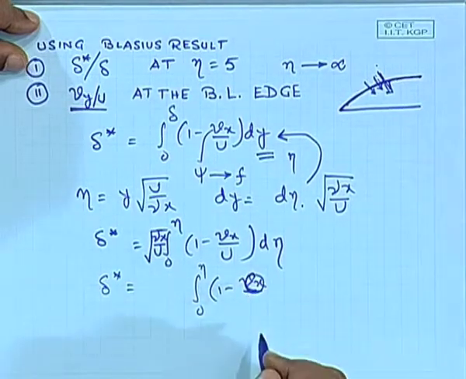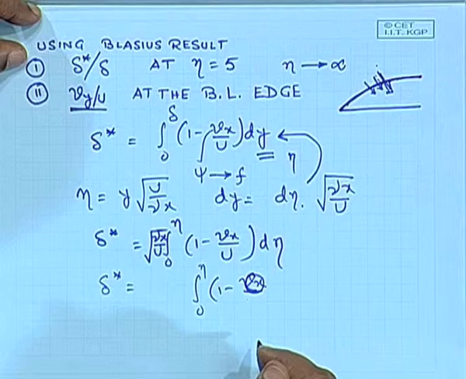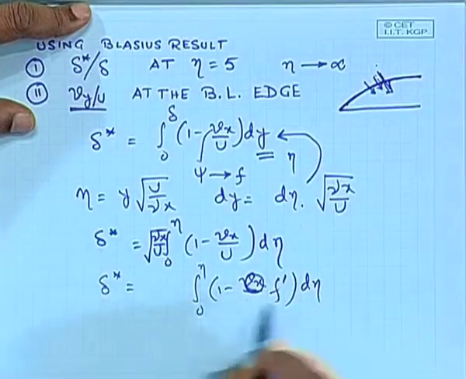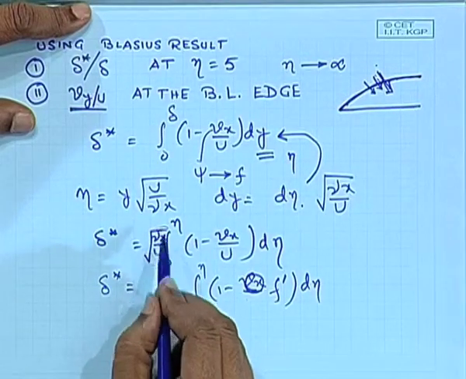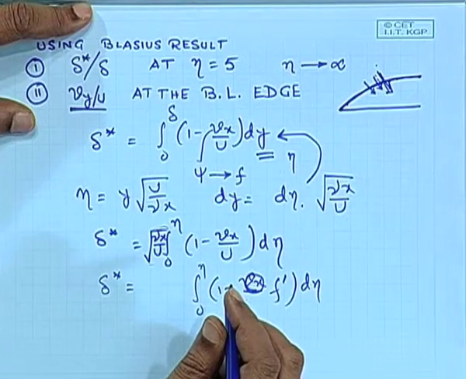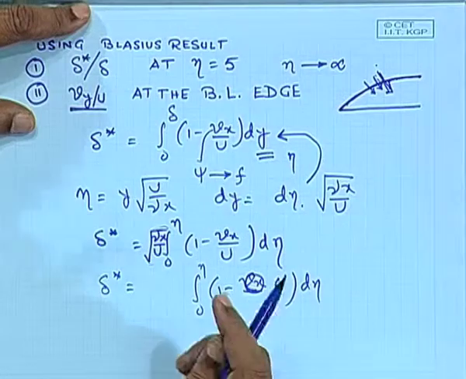Now, this Vx by u should be expressed in terms of f. So, what is Vx by u? f prime. Okay. So, Vx by u from whatever we have done before is simply f prime. This is d eta, and what is root over nu x by u?